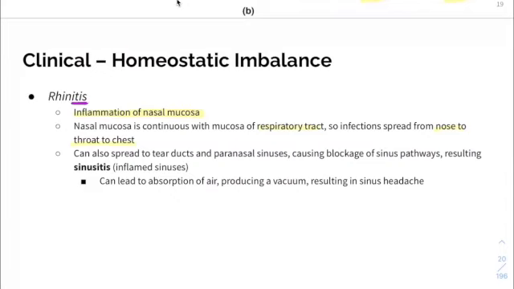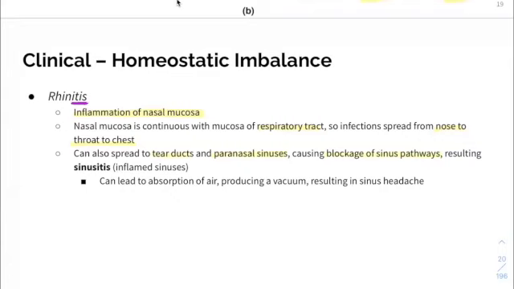It can spread to tear ducts. So in your eye, that lacrimal duct that collects the tears, that could even get infected. Paranasal sinuses. This is what causes blockage of those sinus pathways.